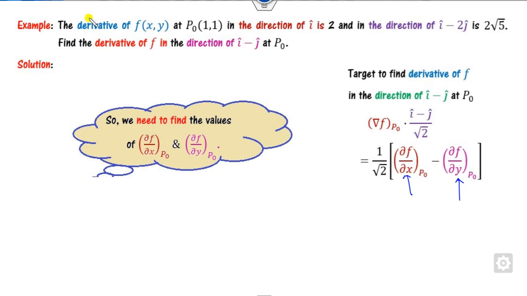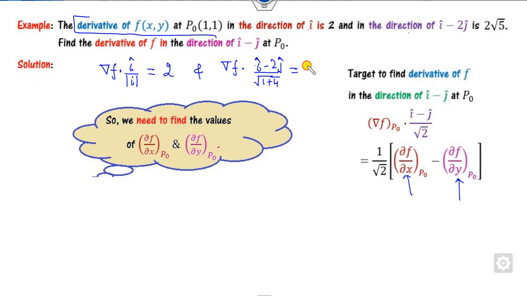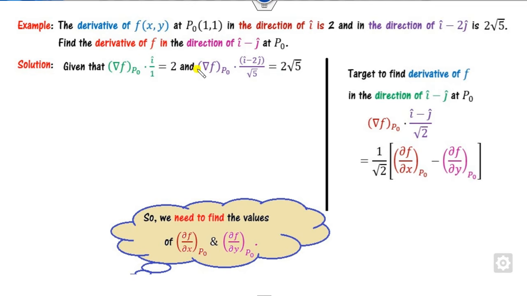What is given to you? The derivative of f in the direction of i cap is 2, and in the direction of i cap minus 2j cap over the square root of 1 plus 4 is also given to you.